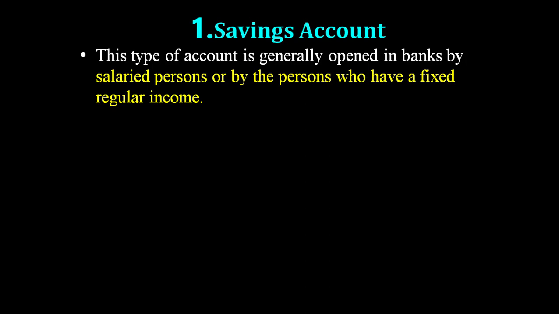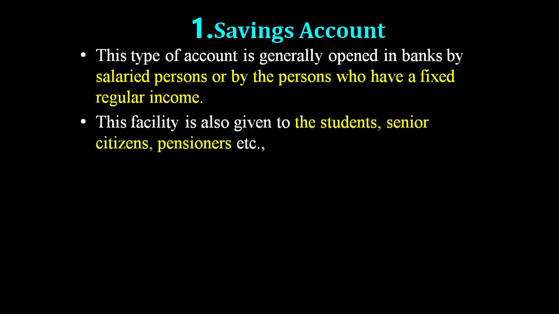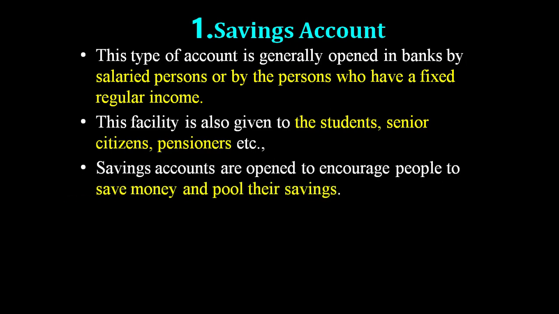Such people can open a savings bank account. This facility is also given to students, senior citizens and pensioners. Savings accounts are opened to encourage people to save money as well as pool their savings.